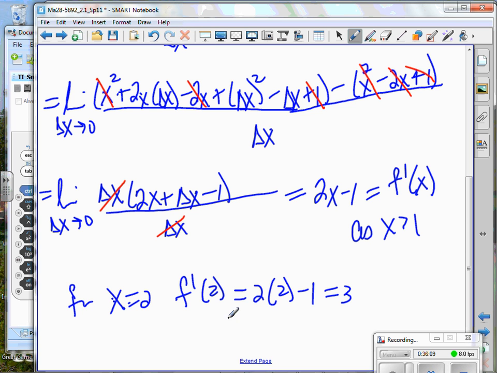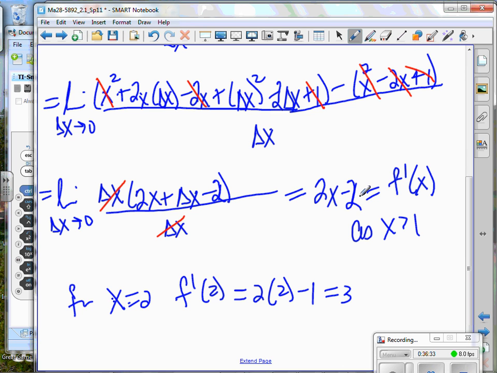This should be a 2x minus 2. Where did I make the mistake? So up here, that should be a 2? Okay, there we go.